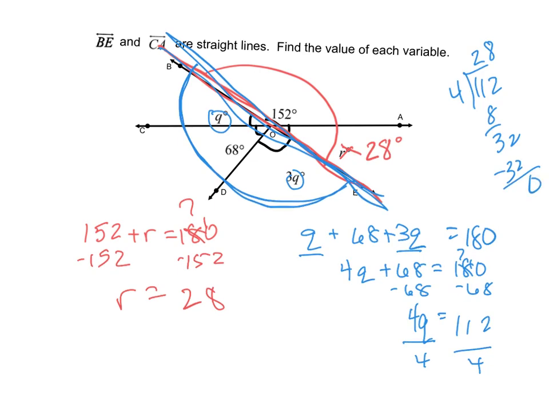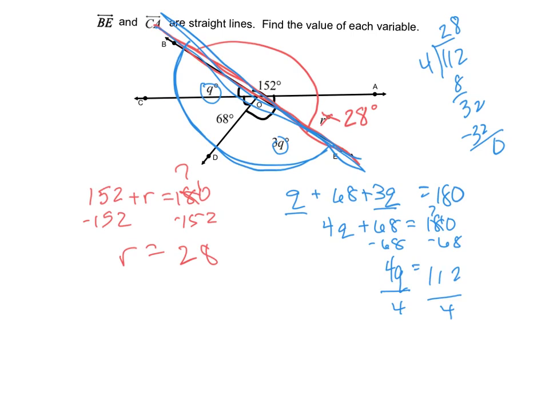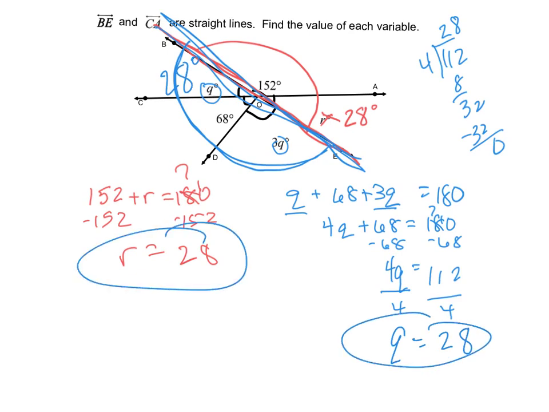I'm left with Q equals 28. Degrees, so we're good. We found R and we found Q. I could check it to make sure that all of these added up to 360.